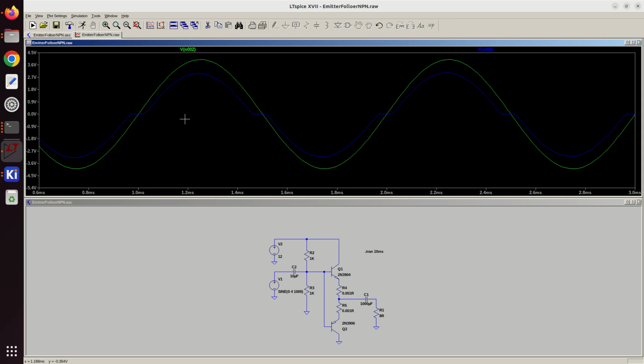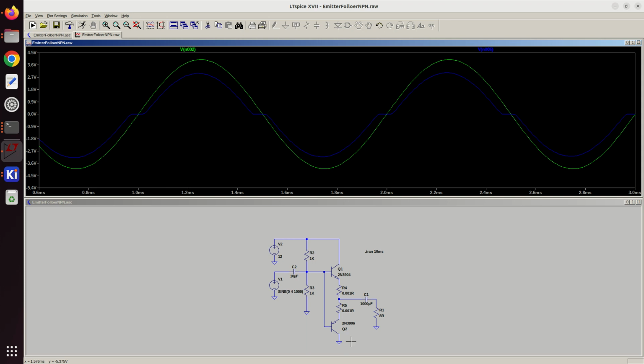and there's a dead spot here. So basically, as our input starts to rise, it's only when it gets above about 0.7 of a volt. Once it overcomes this, then this transistor turns on, and basically it's an emitter follower. It follows the input, but then when it goes below 0.7, it turns off.